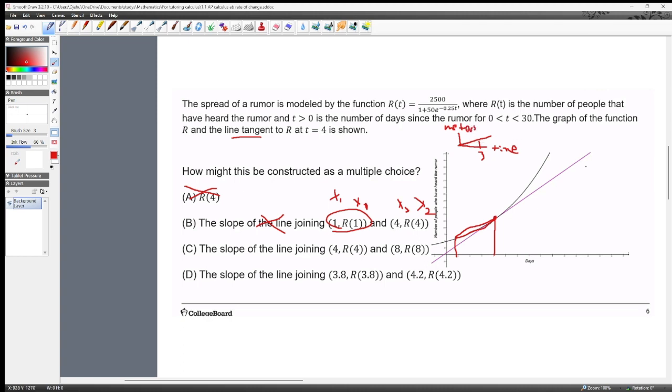I went way too fast. I showed it, but I wasn't talking. That's my fault. And it's way too far, so that's why this wouldn't be the answer choice, because it's giving us a rate of change over a very long span of days. Not distance, time-wise as days. So it wouldn't be as accurate as having it closer.